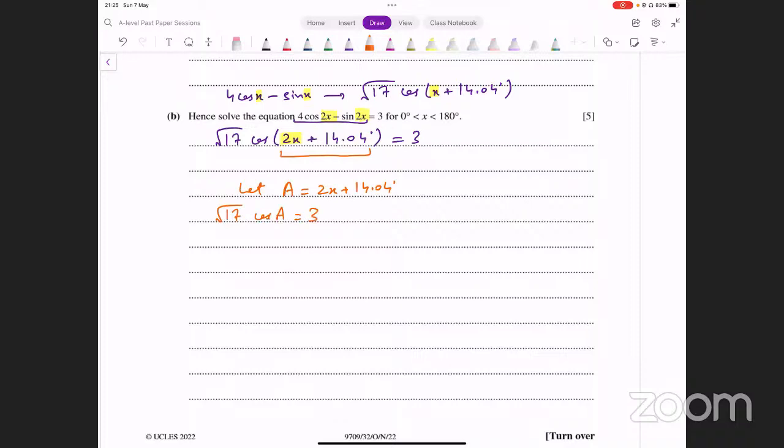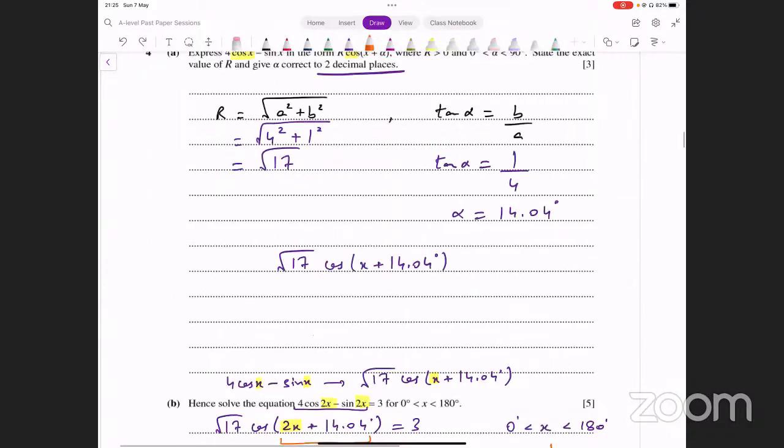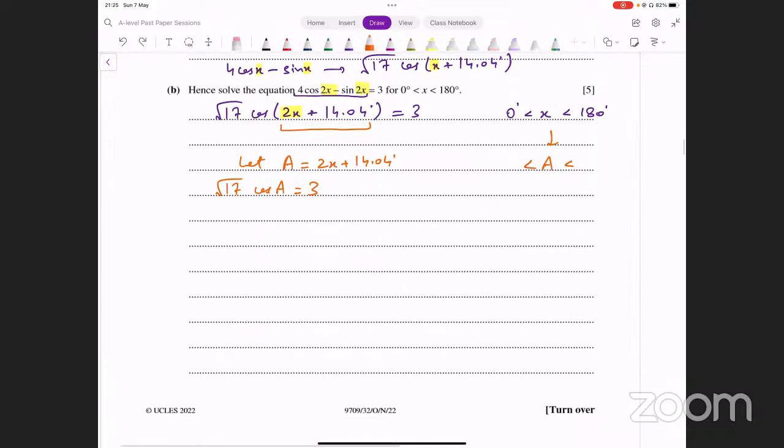लेकिन आपको क्या करना है, इस इंटरवल को भी एडजस्ट करना है. इंटरवल कहां से कहां तक दिया हुआ था? उसने कहा था x is between 0 and 180. What about the corresponding interval for a? Now, आप क्या करोगे? 0 इनपुट कर दो इसके अंदर. पहले 0 इनपुट करोगे आपको क्या मिलेगा? 2 into 0 plus 14.04.